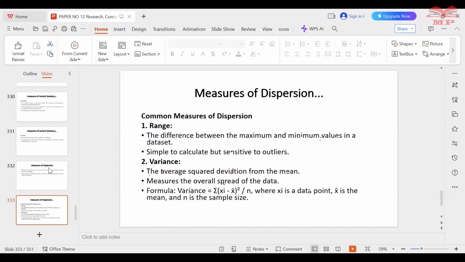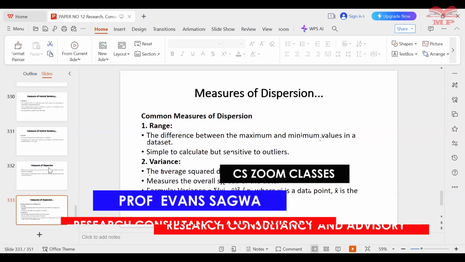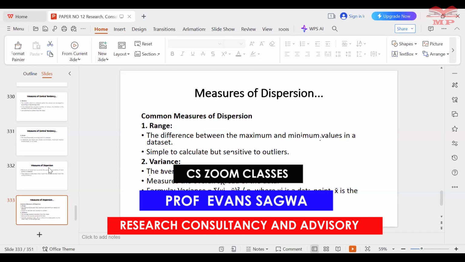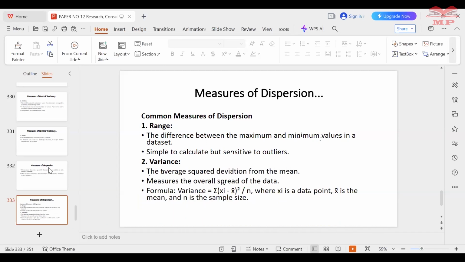It measures the overall spread of the data, and the formula is variance equals sigma (x1 minus x bar) squared over n, where x1 is the data point, x bar is the mean, and n is the sample size. That is the formula for variance.